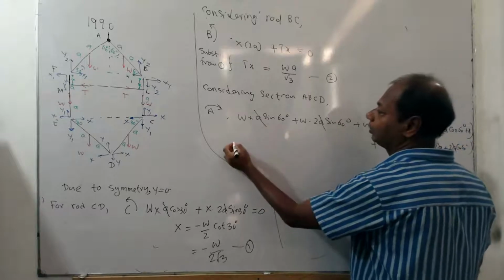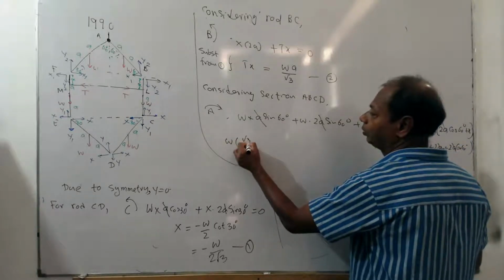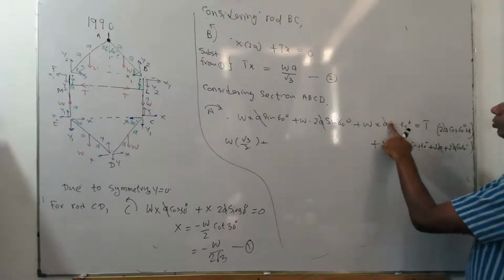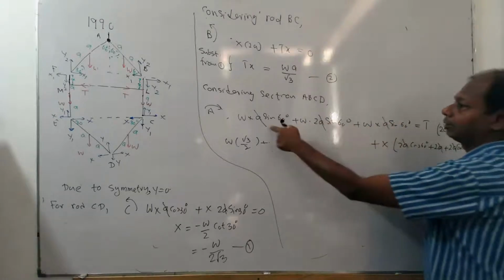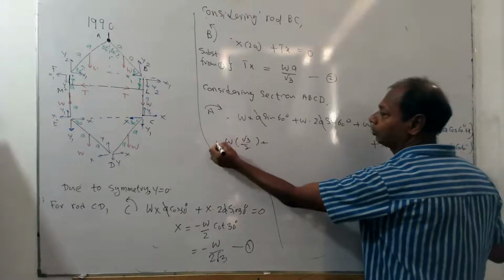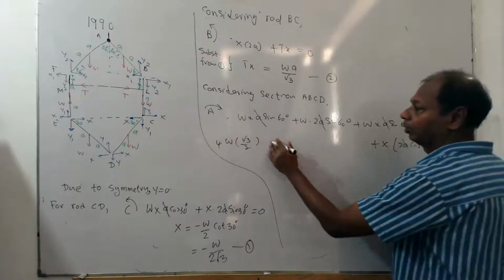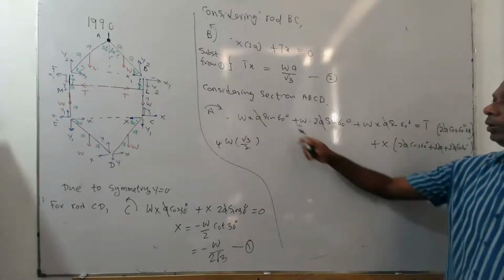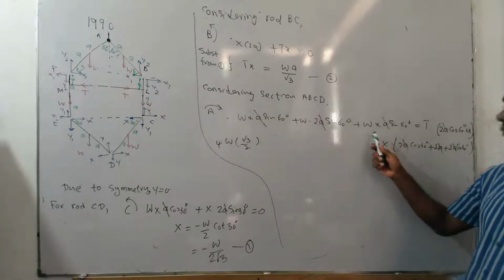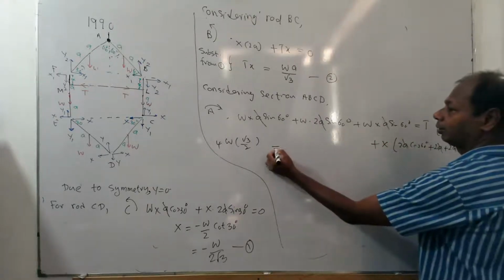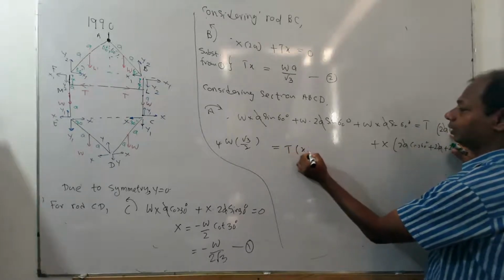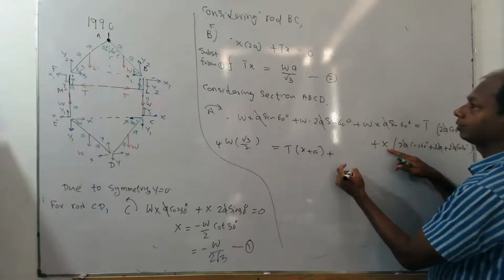Then W sine 60, root 3 over 2, plus another W, not cos 60, this has to be sine. That's another 2 times of that, altogether 4 times W sine 60. To the other side, T into (x plus 2A cos 60), and x plus A plus x.